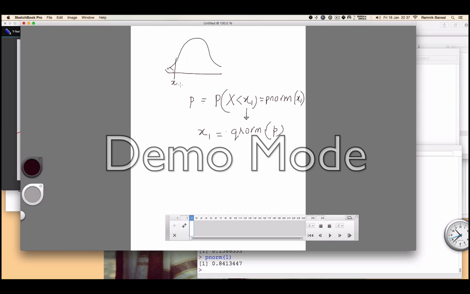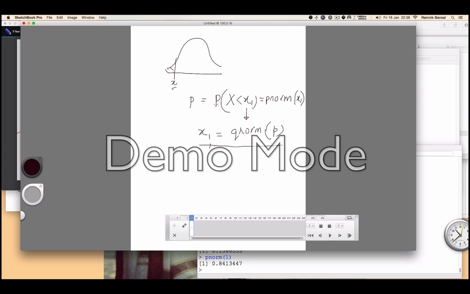Is this clear? So we have another one, right? In case probability is known, how do I get the X1? I say Q norm of P. So till this you were clear, right?